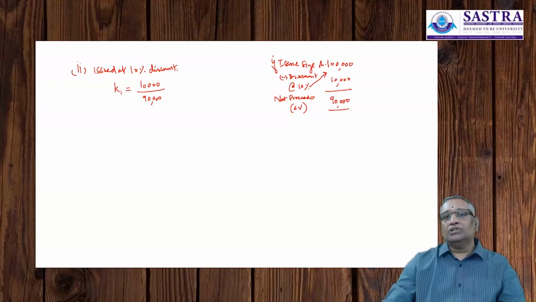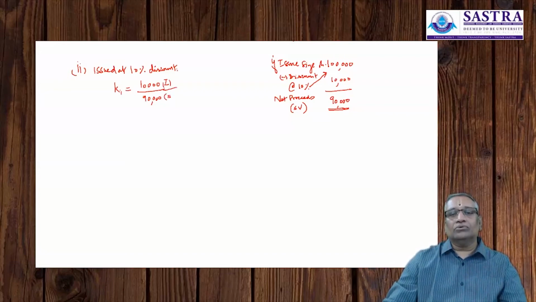That means the issue size is 1 lakh, out of which you are allowing a discount of 10%, so the amount realized will be rupees 90,000.